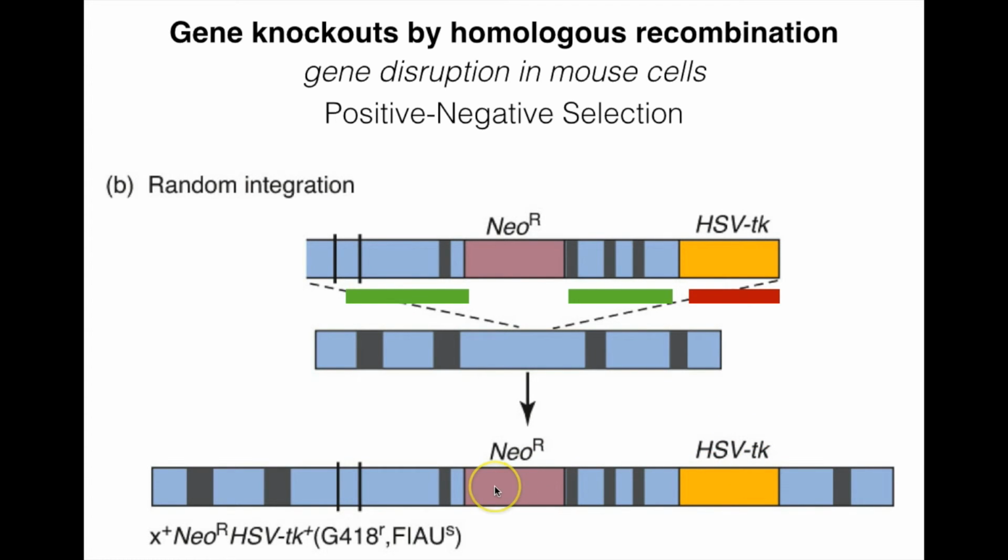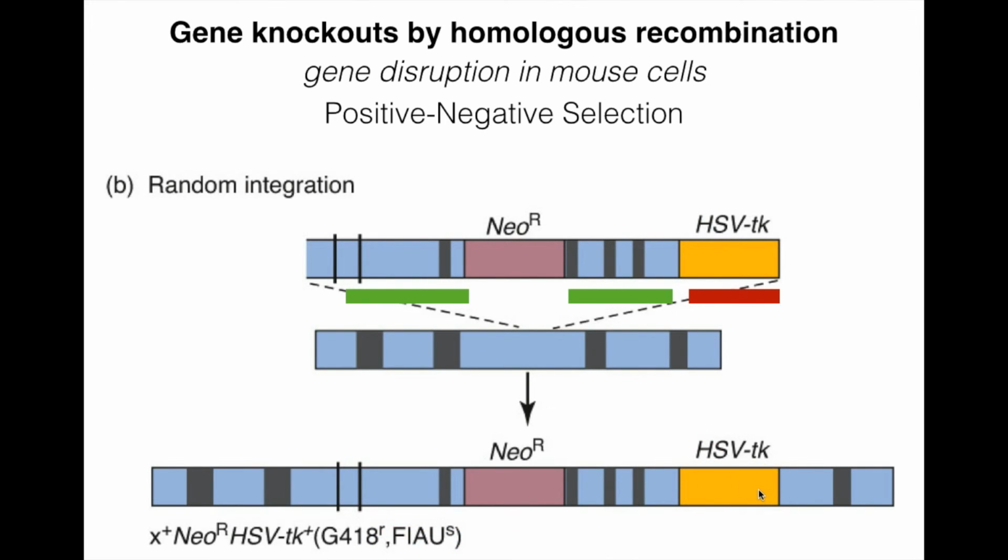This means that normally, if there wasn't random integration, the cells would be resistant to G418 and not sensitive to FIAU. But in the case of random integration, where we have neo and HSV, we have cells that are resistant to G418 but also sensitive to FIAU.